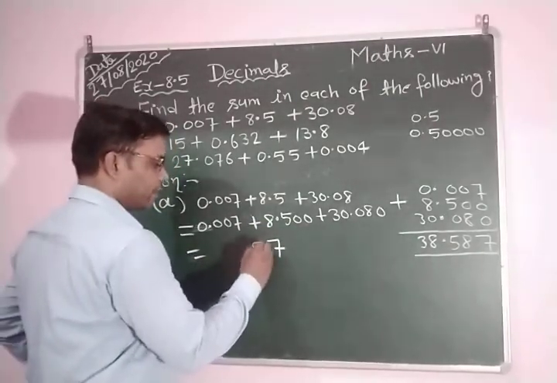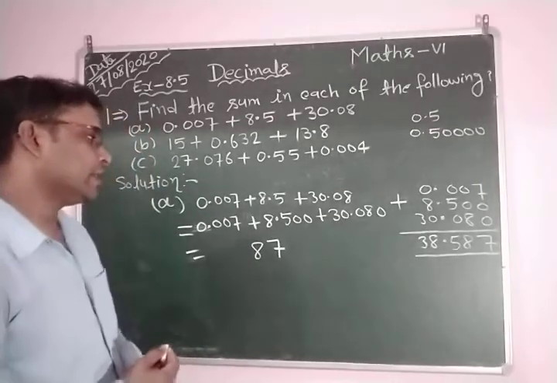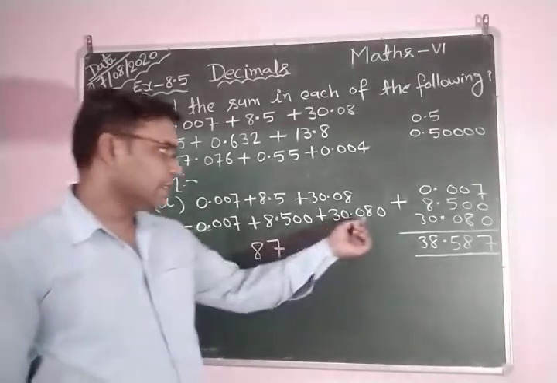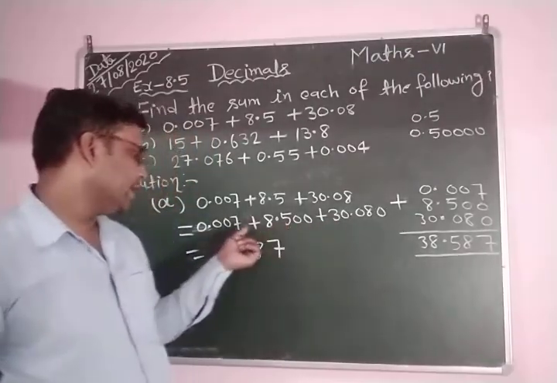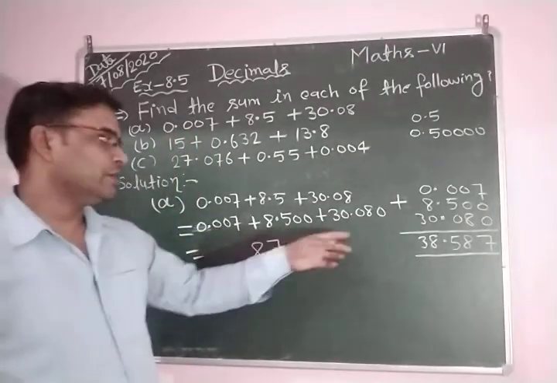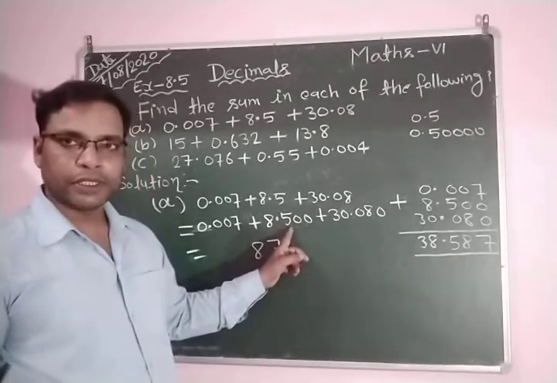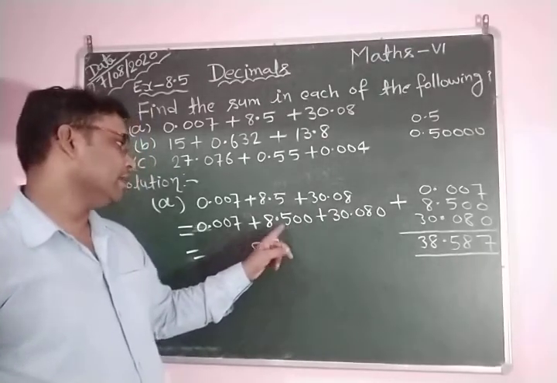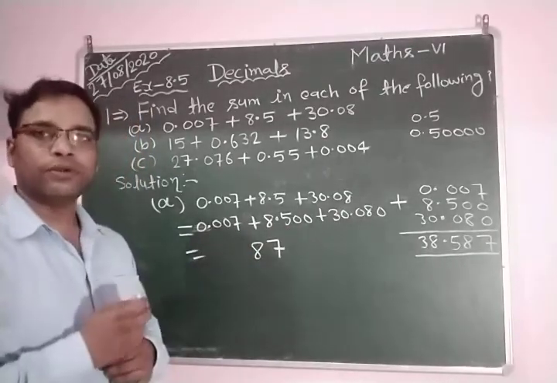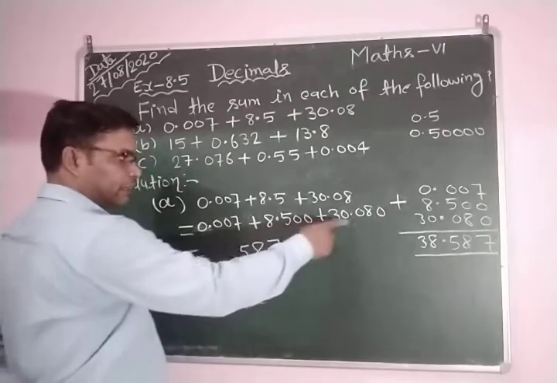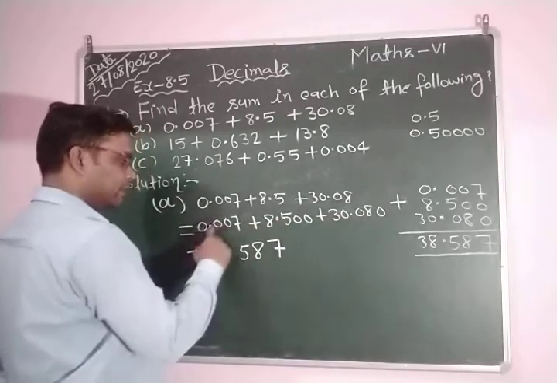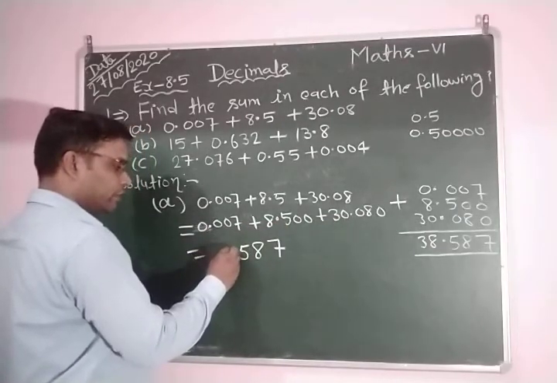Okay, now the tenths place is here 0, here the tenths place is 5, and the tenths place is 0. So 0 plus 5 is 5, again 5 plus 0 is 5. So you can write here 5. After this the decimal point, so here we write the decimal point.